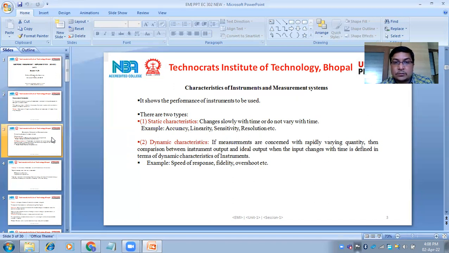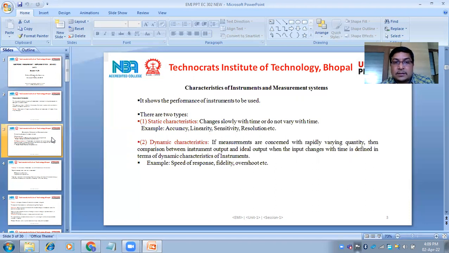We apply some input, we get an output response, and then we measure the output response using various measuring instruments, and we see a slow variation with respect to time across the output response. For example, we consider accuracy of the instrument, linearity, sensitivity, and resolution.